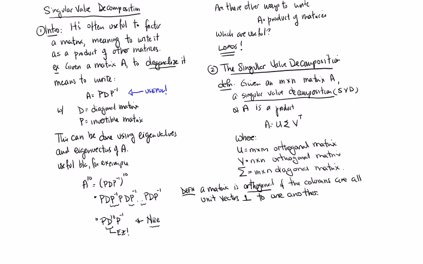So equivalently, it's the same as saying that the matrix times its transpose is the identity, right?